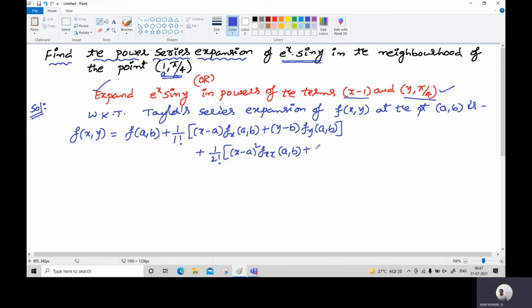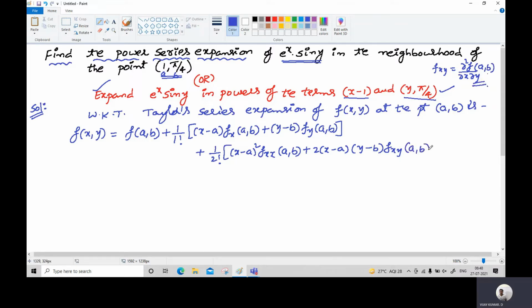Plus 2 times of x minus a into y minus b into fxy. What is fxy? Already I told you in previous videos. Fxy is nothing but dou square f by dou x dou y, second order partial differentiation of f with respect to y and x. So after finding this one, you should replace the point a comma b in this differentiation.